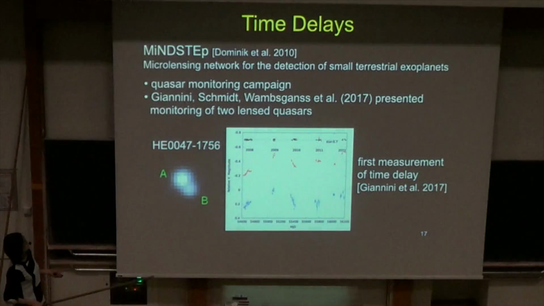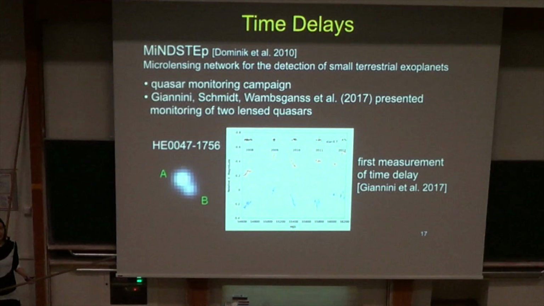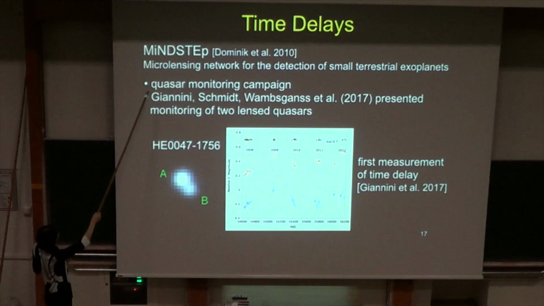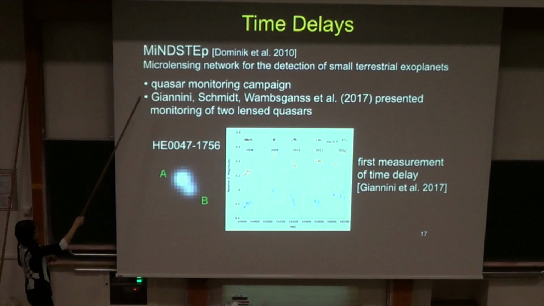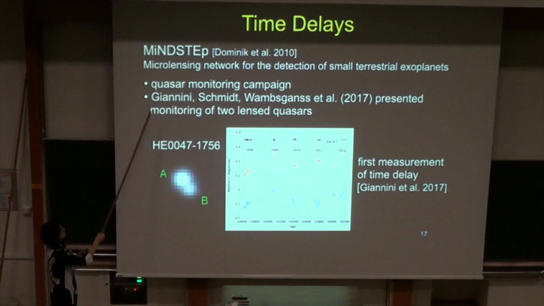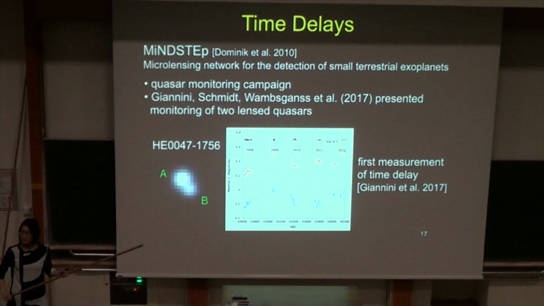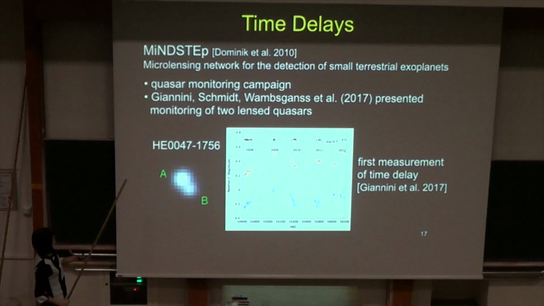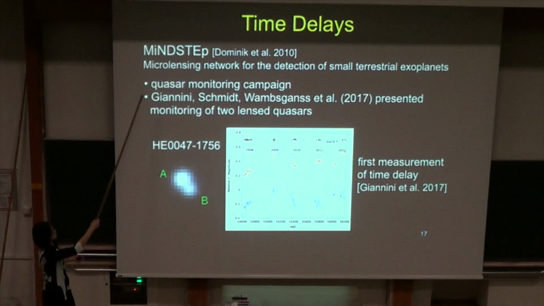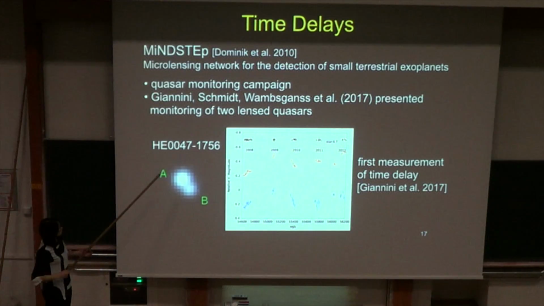I'd like to also mention there are independent efforts to get the time delays. There's the SMARTS network, and the microlensing network for the detection of small terrestrial exoplanets, which also has a quasar monitoring campaign as part of the collaboration. Recently, Giannini and collaborators presented the monitoring from this survey for 2 lensed quasars.